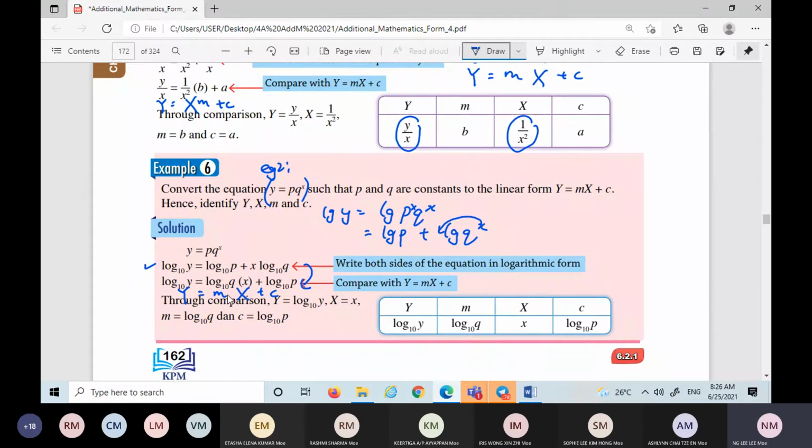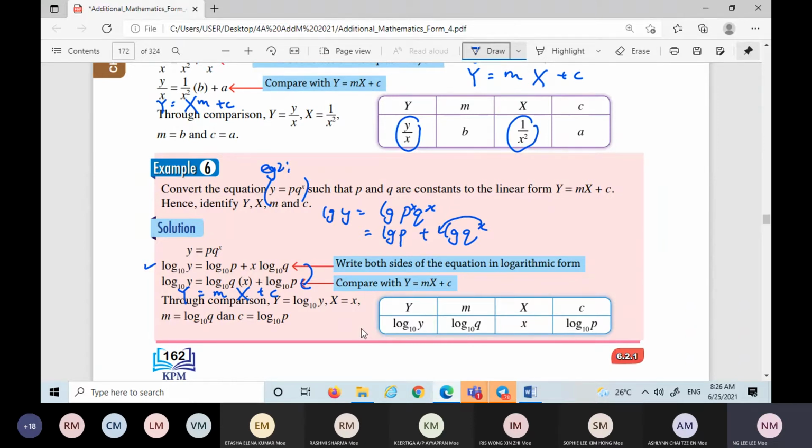Now you see the gradient is log q, no variable. The c is log p, also no variable. So to draw the graph, you have to plot log y against x.